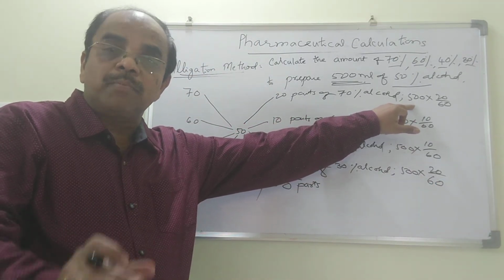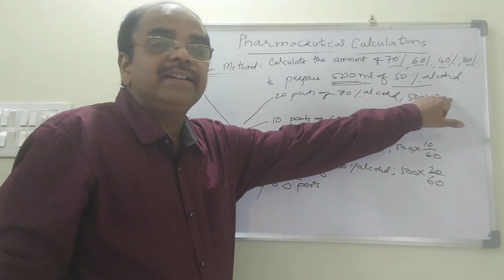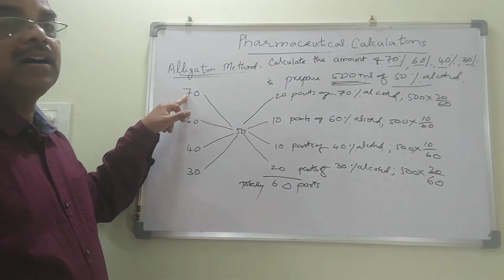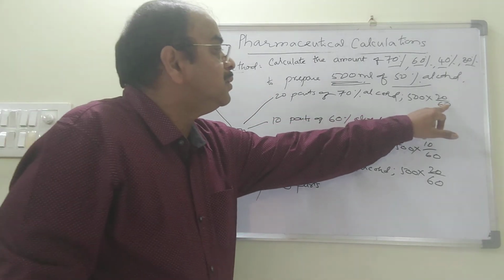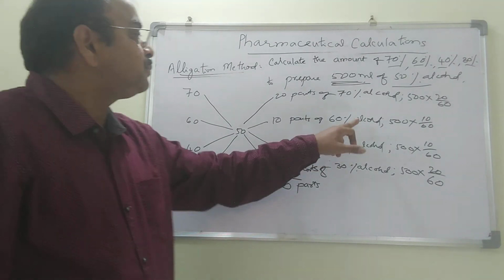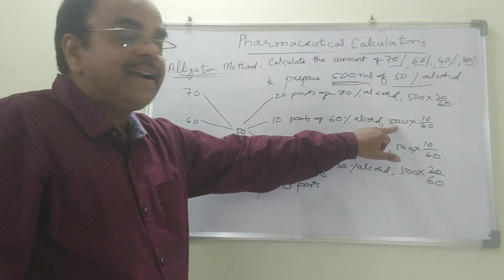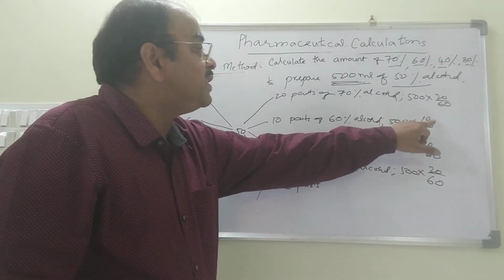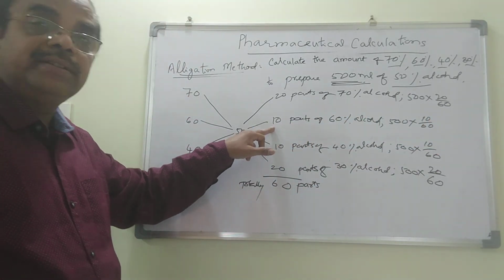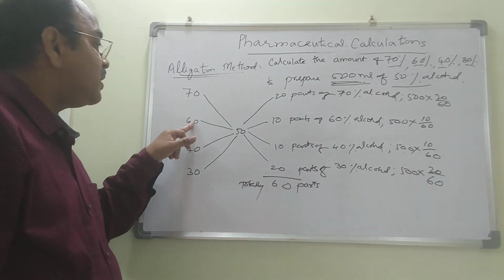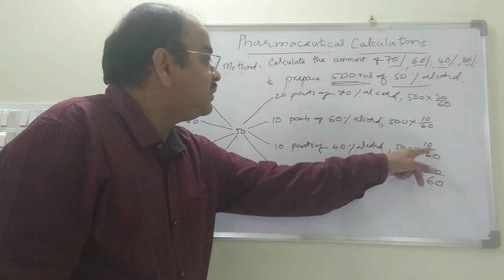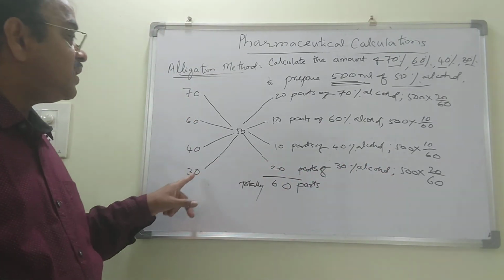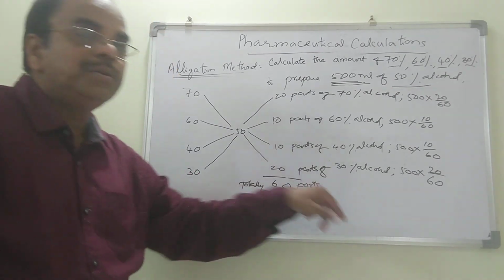Total volume to be prepared. What is this 20? This 20 is the number of parts of 70% alcohol, by total number of parts. Again, what is this 500? Total volume to be prepared of required strength. What is this 10? We have to use 10 parts of 60% alcohol. Same manner, 10 parts of 40% alcohol and 20 parts of 30% alcohol. You do all this calculation.